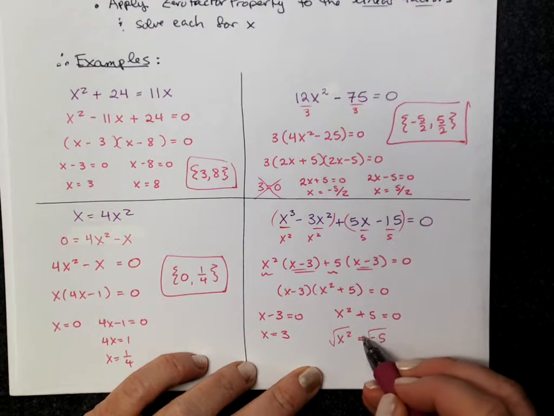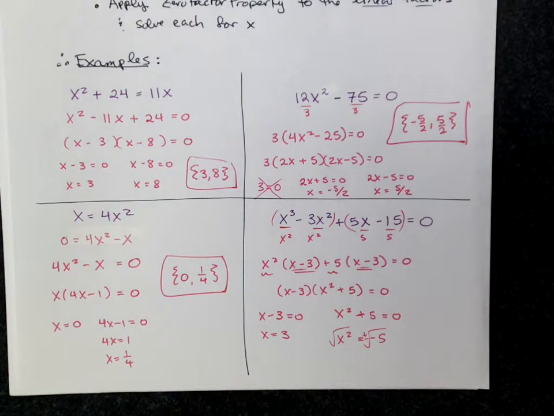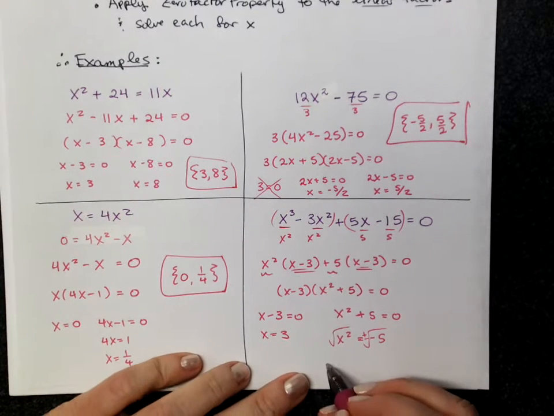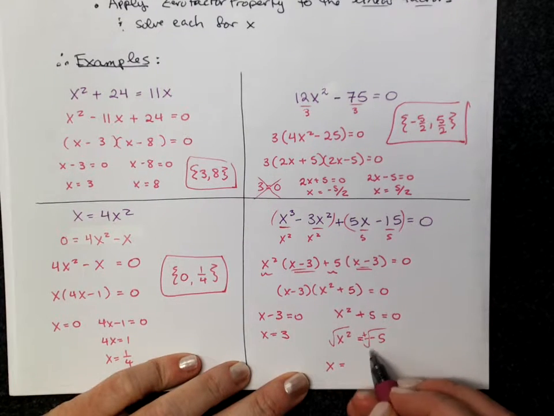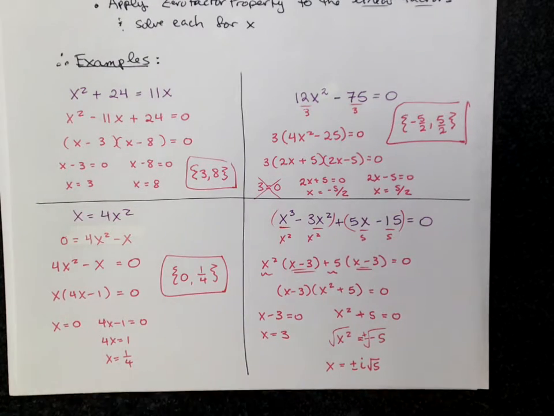Square root both sides. Plus or minus square root of negative 5. So x equals, we'll pull out that negative as an i, so plus or minus i square root of 5. Now we have to simplify the radical further if we can. We can't. And we already solved for x. x is either positive i square root of 5 or negative i square root of 5.